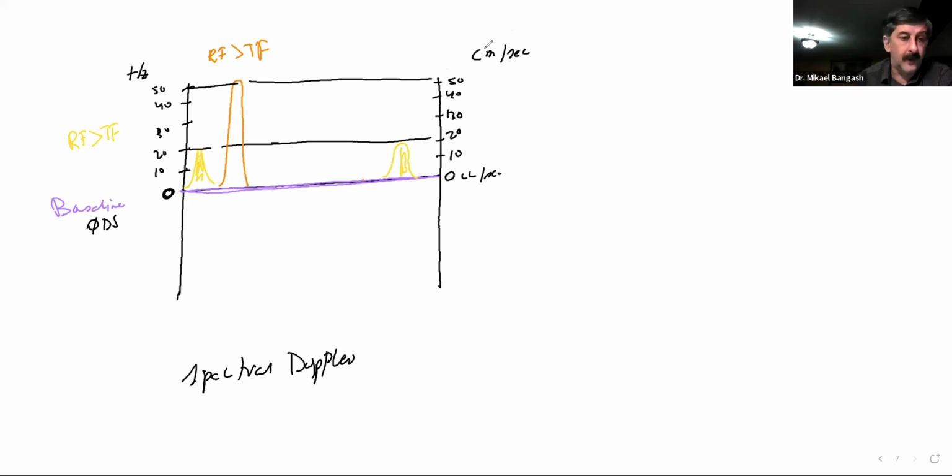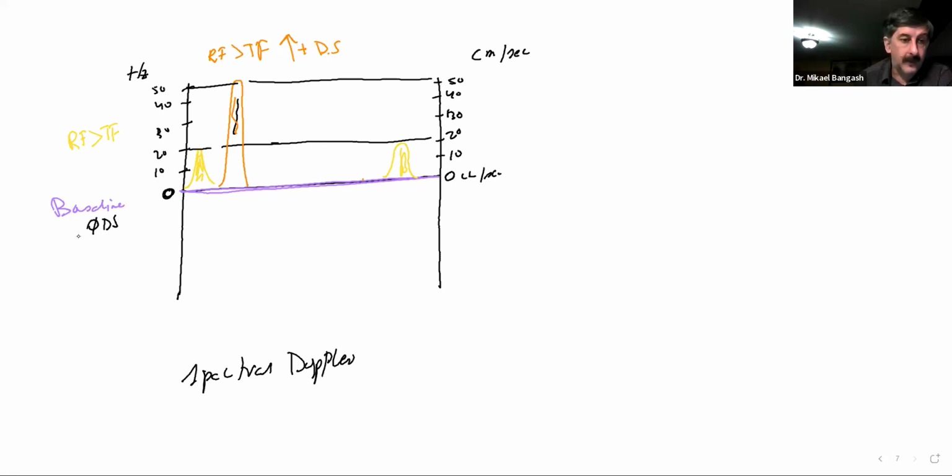Clear? So in this case, this orange one here is a great positive Doppler shift, because of a great frequency difference between these two frequencies, meaning the blood is flowing at a greater speed.